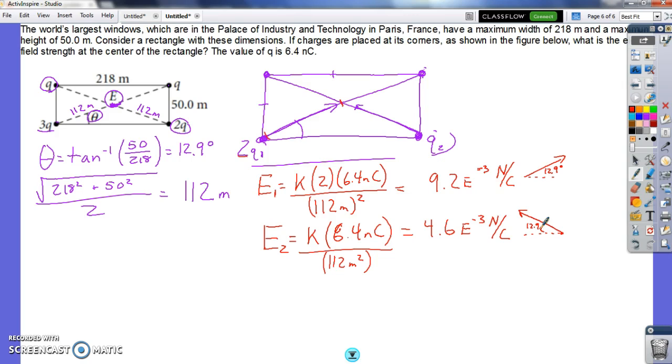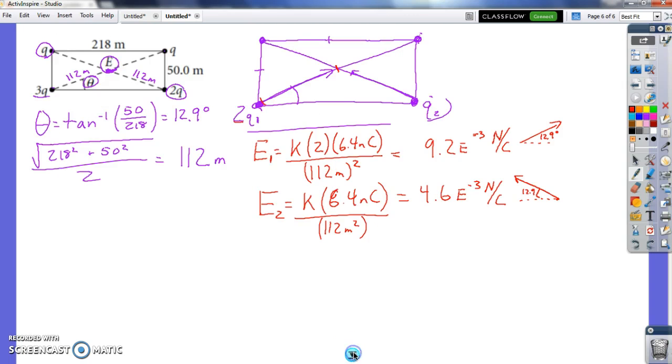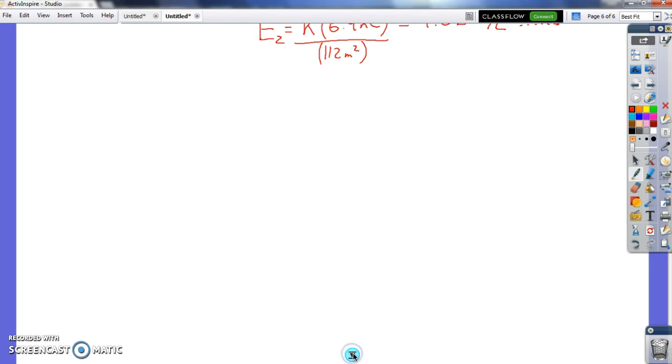So what we can do is we have to then divide each one of those into its component parts. And I'm going to have to move down because I'll need a little bit more space. So we have our E1. And so that one is going to be this direction right here. We have an X and we have a Y. And this E1 is going to be 9.2 times 10 to the negative 3 newtons per coulomb.